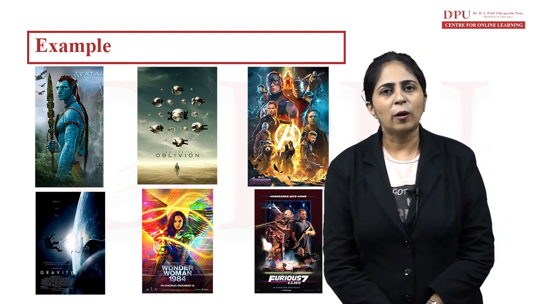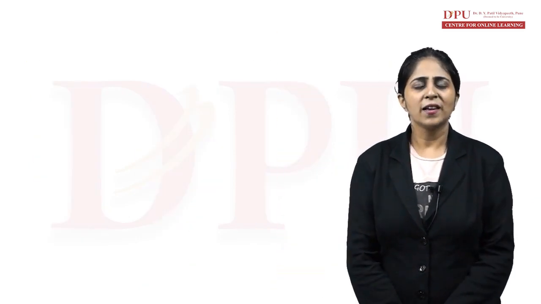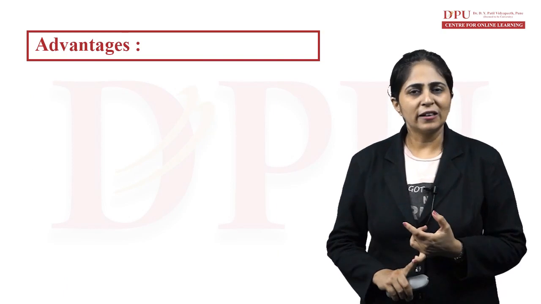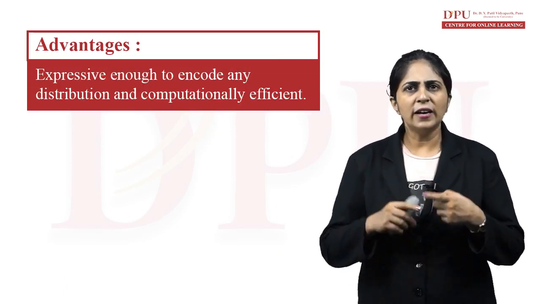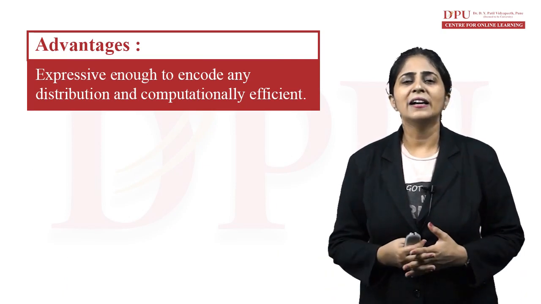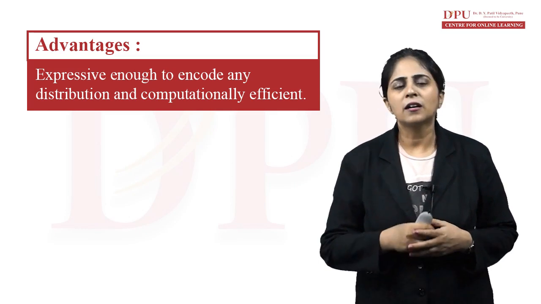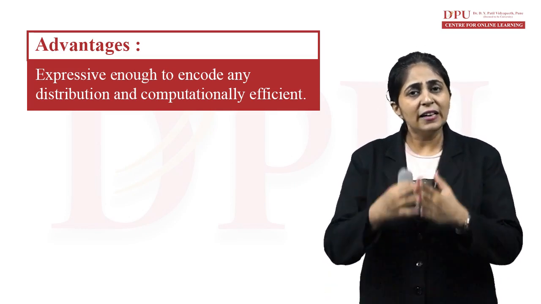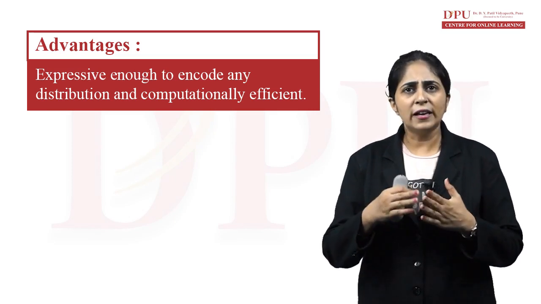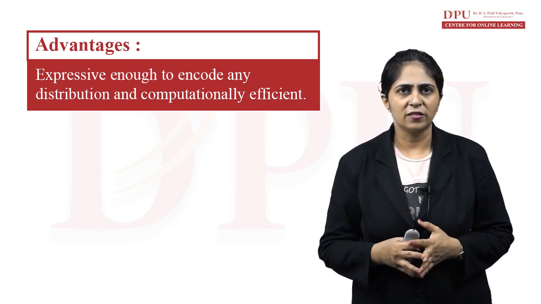Talking about the advantages and the disadvantages of RBM machines. First of all, the advantages. First, it is expressive enough to encode any distribution and is computationally efficient. Our RBM machines are computationally efficient, and they are able to encode any distribution of probabilities.